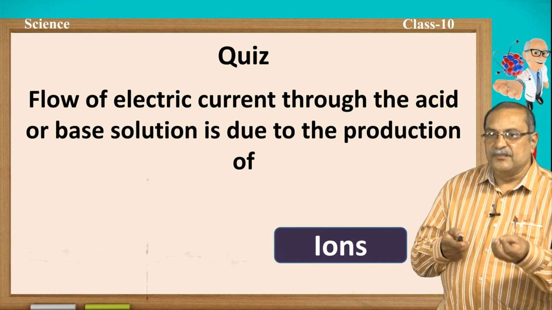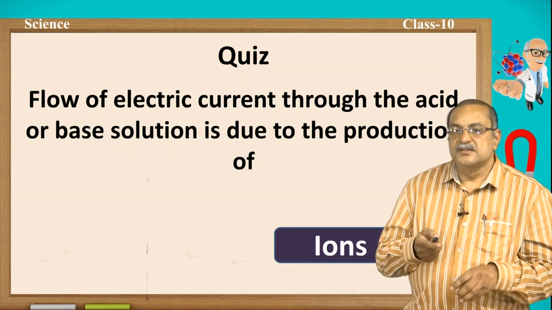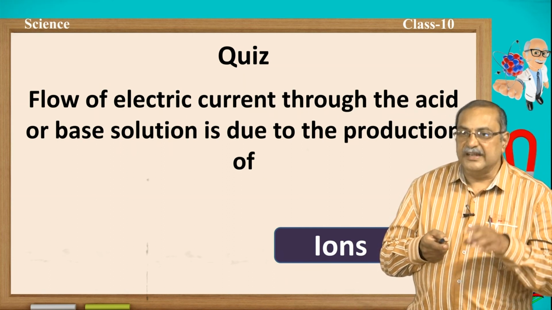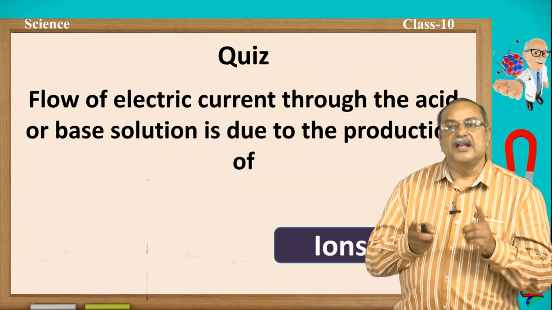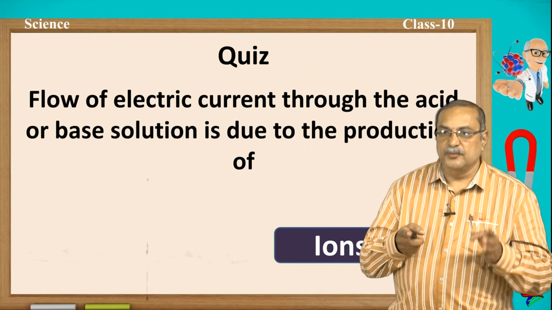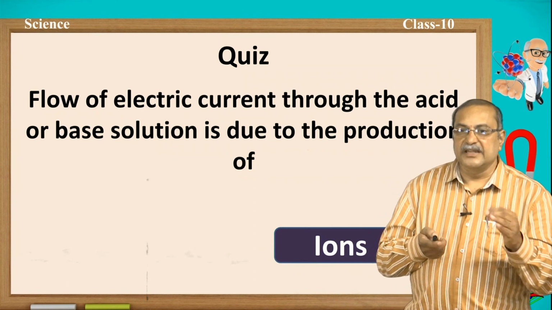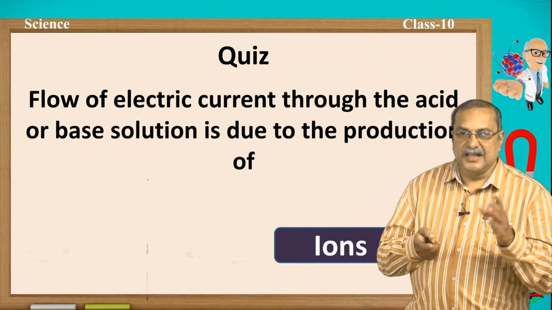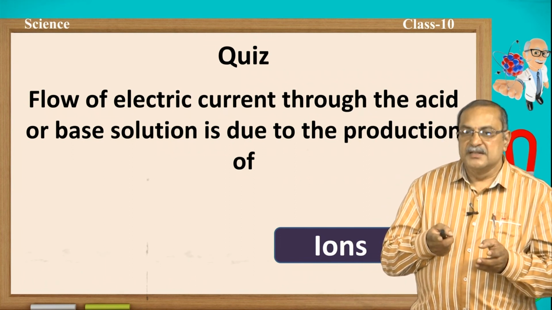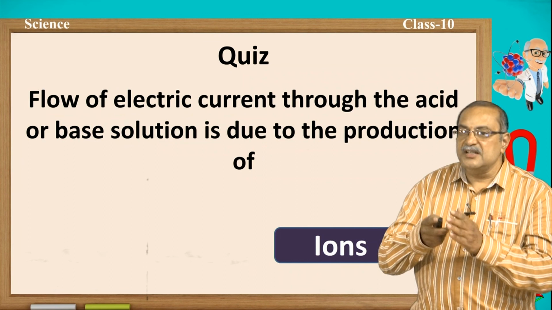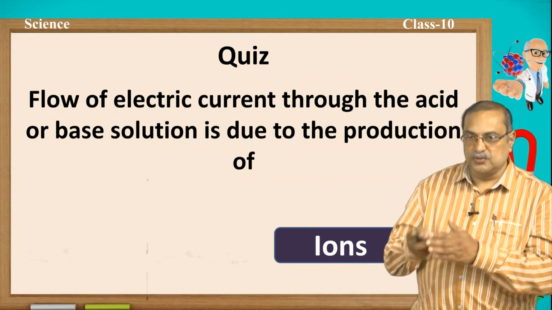When acid or base dissolves in water, it will dissociate into ions. Positive and negative ions are produced. For example, Na plus, OH minus, H plus, Cl minus, like that they dissociate. So, they are ions, and these ions will move to the opposite poles.